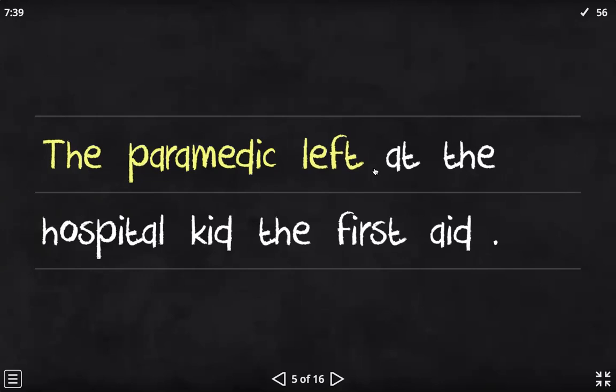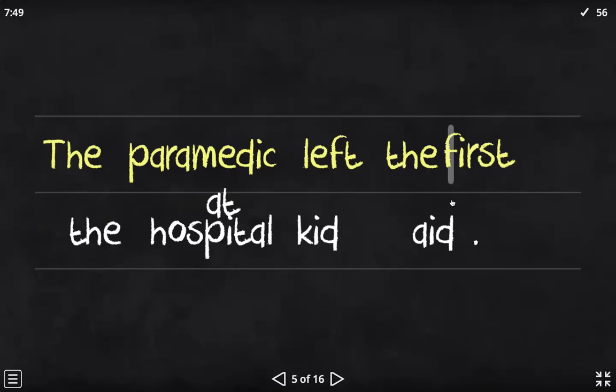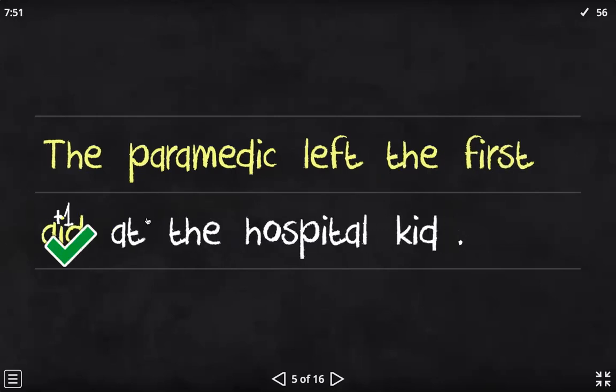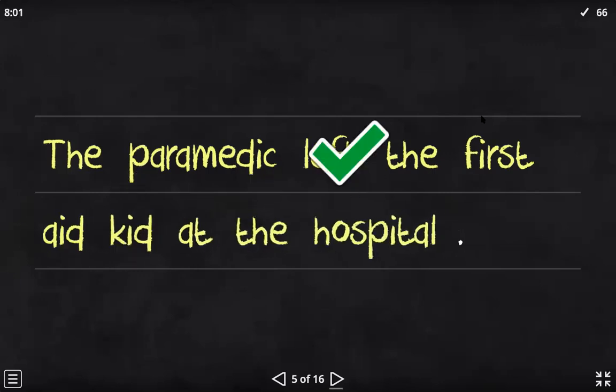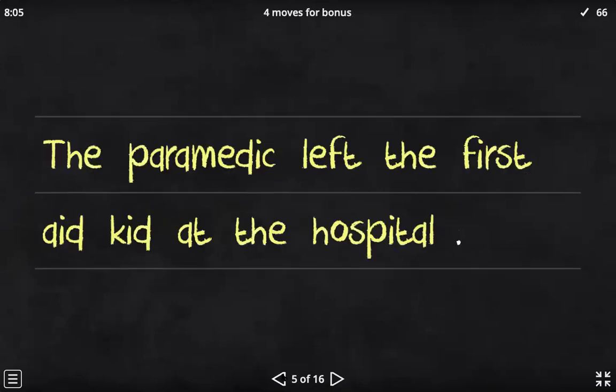Okay, left. What did he leave? ¿Qué dejó? He left. The first aid kit. Ya, eso sí. Bueno, first aid no era kid, era kit, con T, pero no sé why it put a D. Pero era first aid kit, not kid.